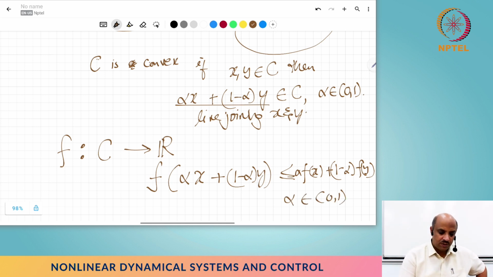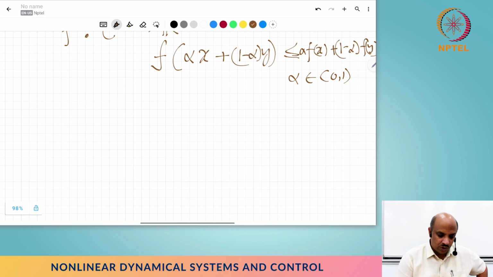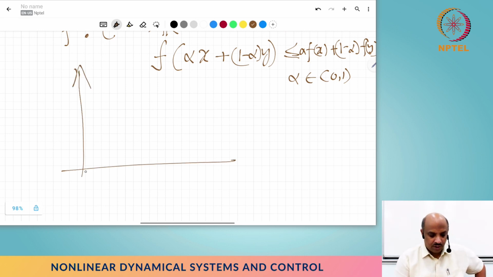So what is this? Let's actually look at a function on the real line. If you take any interval, open, closed, half open, all of them are convex sets, because the line between any 2 points will be within that set, right? So I'm going to consider a set like this, and then let's consider a function like this.